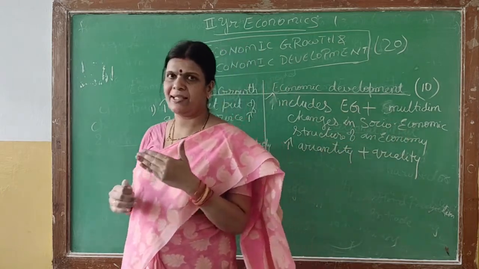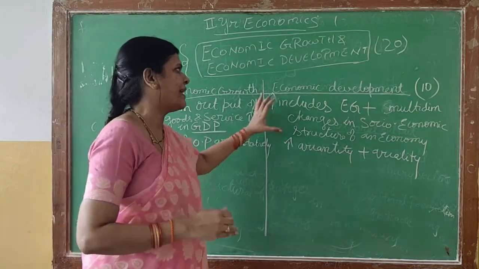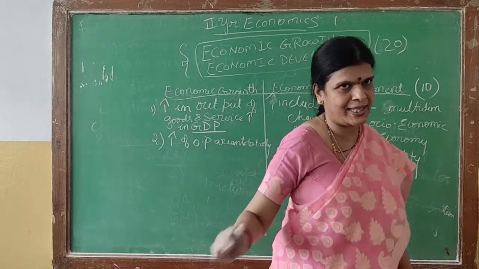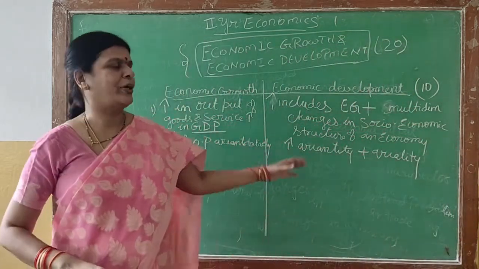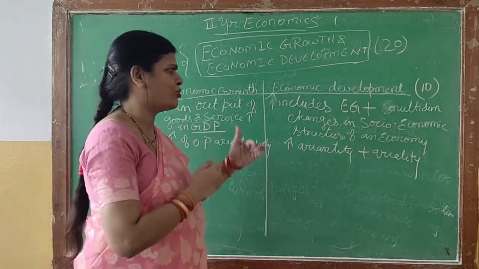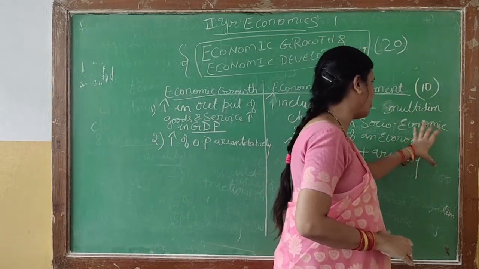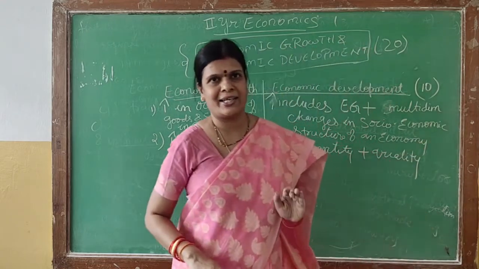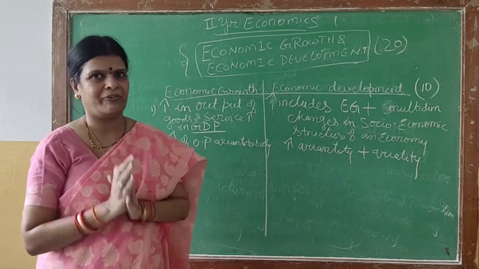What are changes in socio-economic structure? As I discussed, economic development is a never-ending process. It takes at least 20 to 25 years to achieve economic development. So this is the social transformation of a primitive society towards modernization. That is, an increase in standard of living.